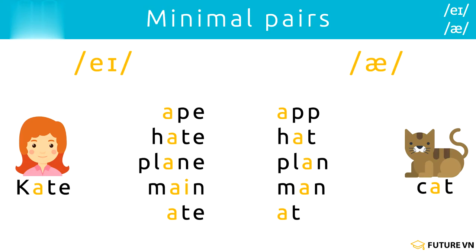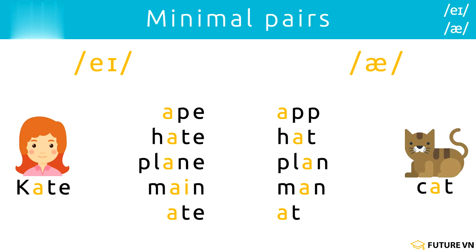These are called minimal pairs. On the left, you can see the words that have the A sound, the longer vowel. And on the right, you can see the words that have the shorter sound, A. And the two words are exactly the same except for this one sound difference. For example, ape, app. These two words are the same except for the vowel sound.